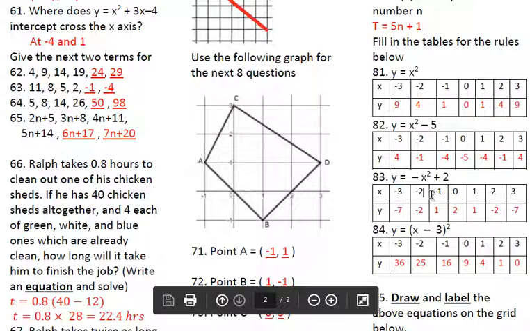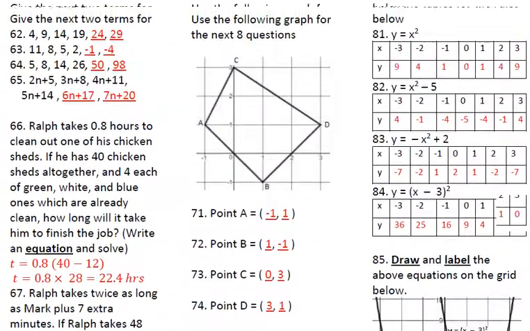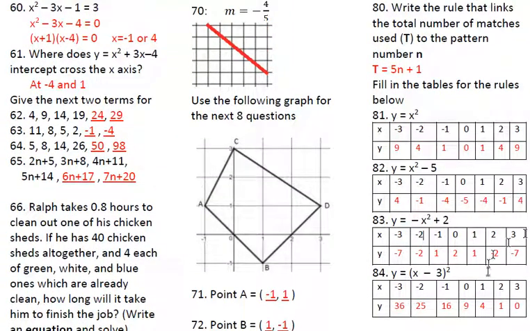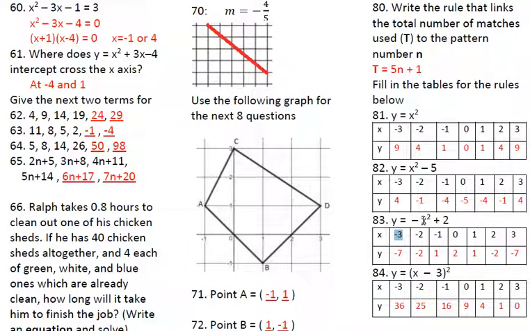Okay, so what we're going to do is make the table up here first, and later on for the last question we're going to try and plot the points and draw a line of best fit. Okay, let's get the points here correct first. Negative 3 for x, and then we have to square this first, because you've got to do powers first, remember BEDMAS.